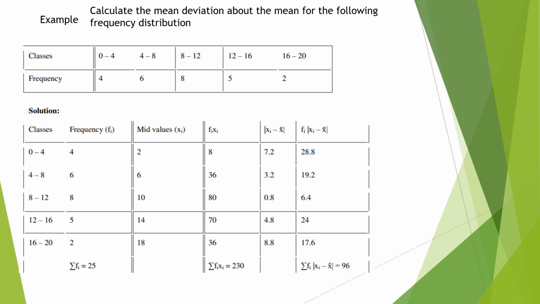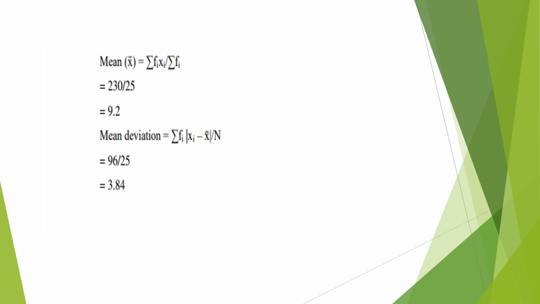The summation of fi into modulus of xi minus x mean is 96. Mean is 9.2. Mean deviation is summation of f modulus of xi minus x mean upon n, where the numerator is 96 and the denominator is summation of frequency, that is 25, which gives the answer 3.84.